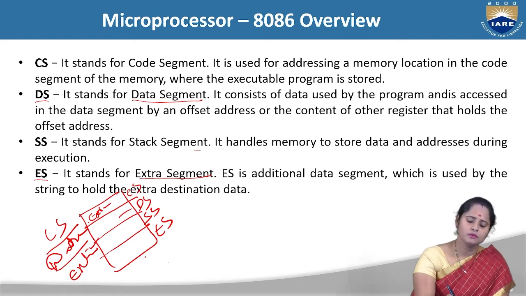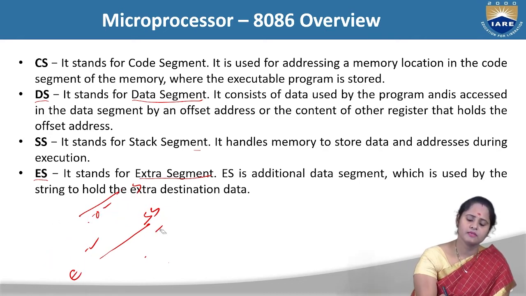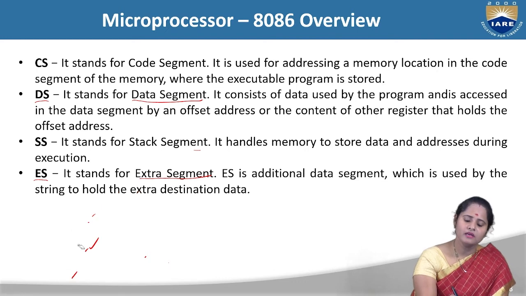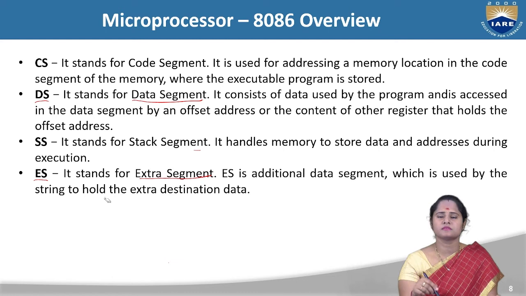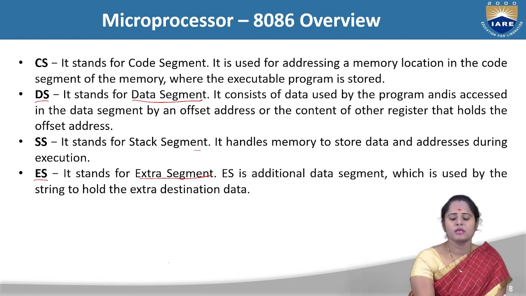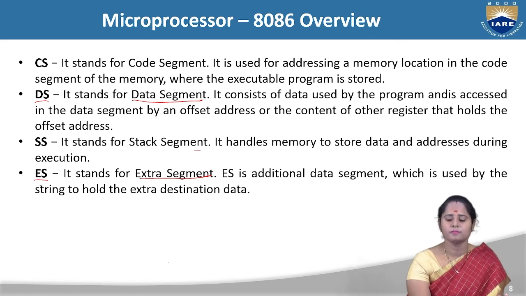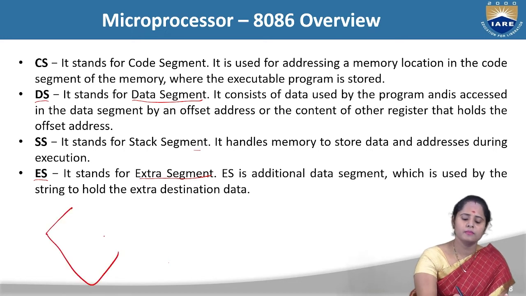So that is what memory segments are. Segments are nothing but my memory divided into blocks: code segment, data segment, stack segment and extra segment. All of this comes under the 1 MB memory which I have.